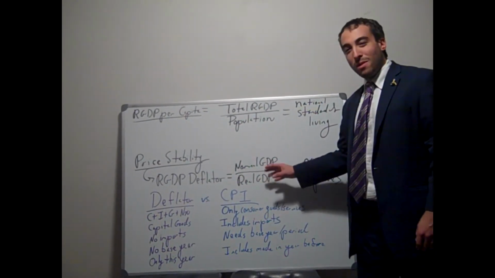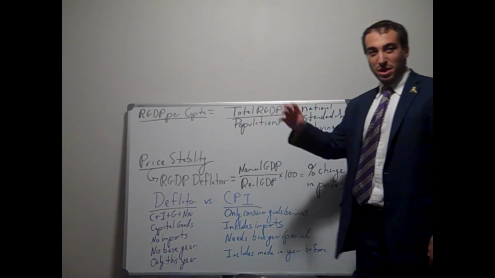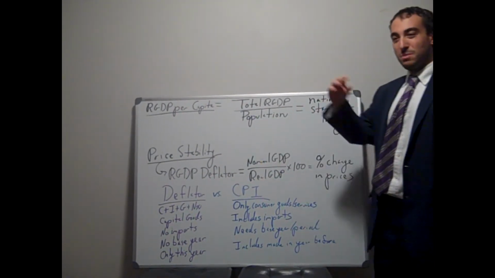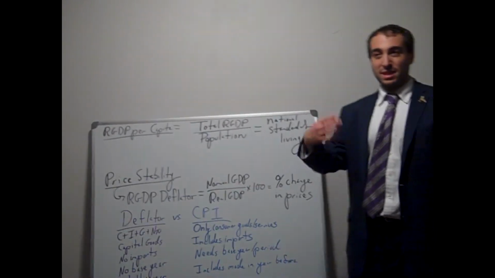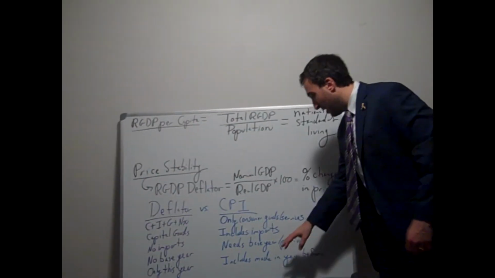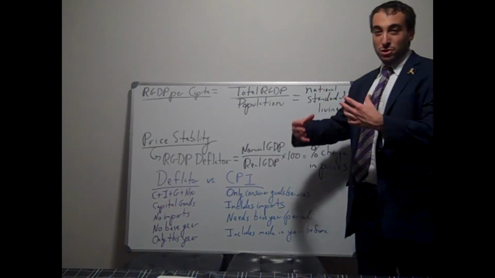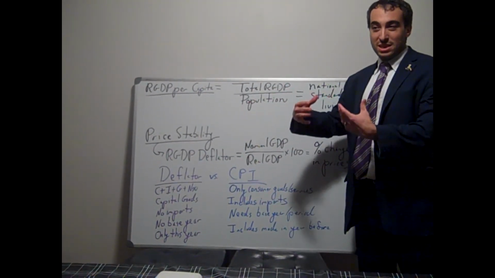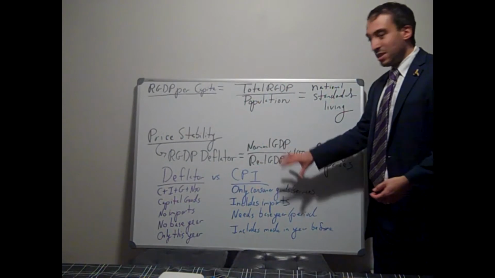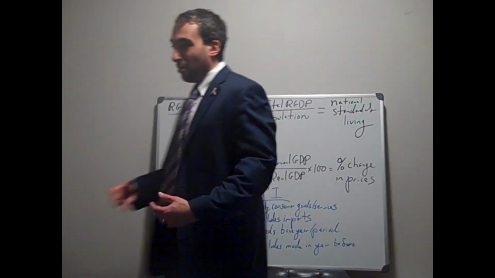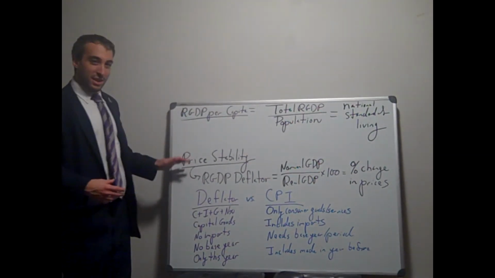Formula-wise, we need that base year: the CPI this period minus CPI base period, divided by CPI base period, times 100 gives us the inflation rate. It also includes items that were made in the previous year but put on inventory this year, but now their prices went up. So the CPI is the more pertinent number, however the GDP deflator can also tell us about price stability.